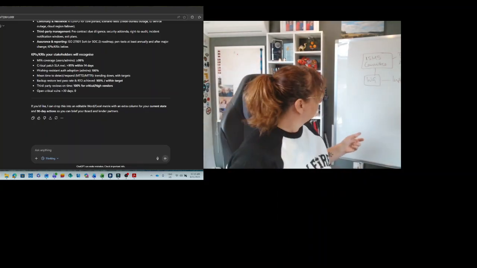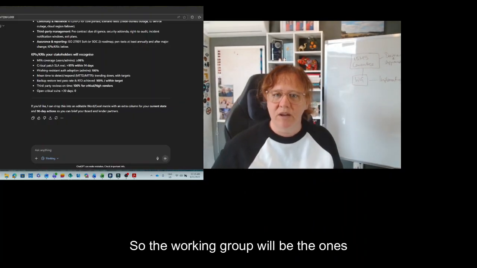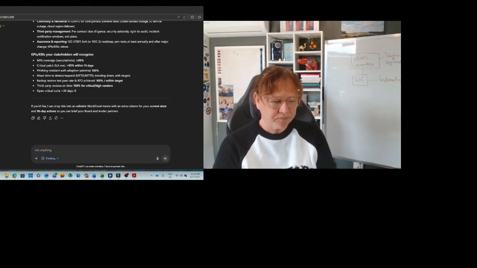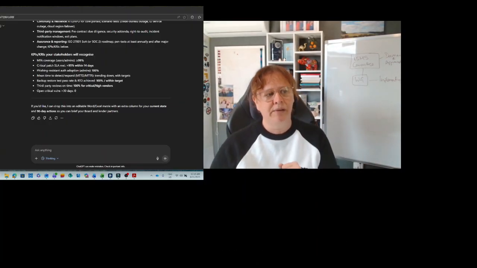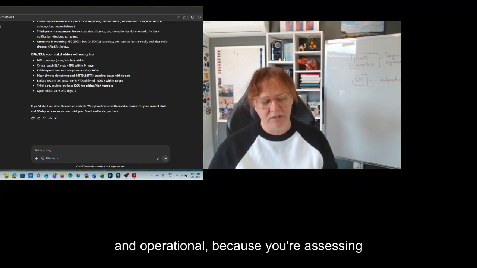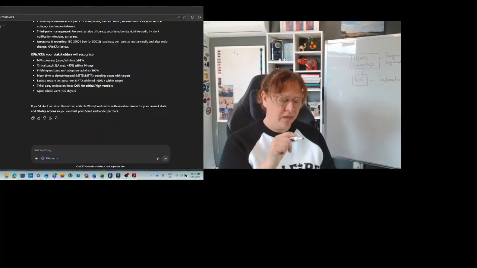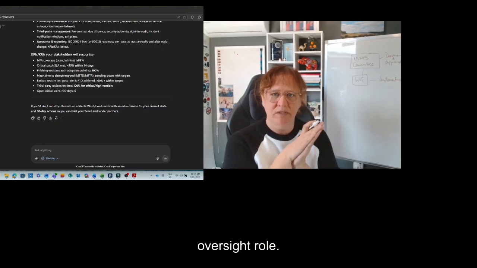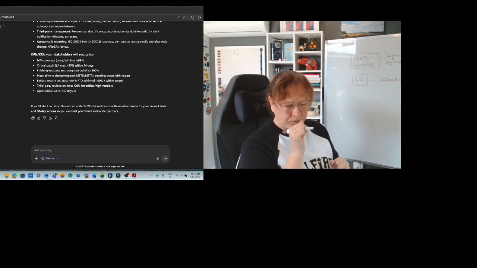So the working group will be the ones actually taking us through this project, implementing the requirements of the standard, and then once it's set up and operational, because you're assessing yourself against an operational ISMS, they then take on that operational oversight role. So it's a continual improvement process.